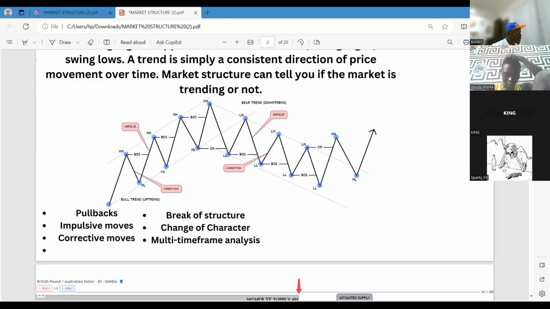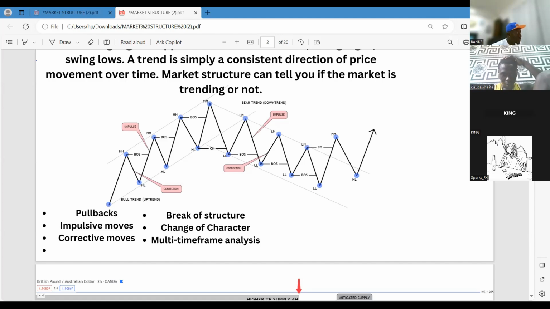The pullback, this correction you are seeing here, and this correction you are seeing here, on the 4 hour time frame might be just some four candles.